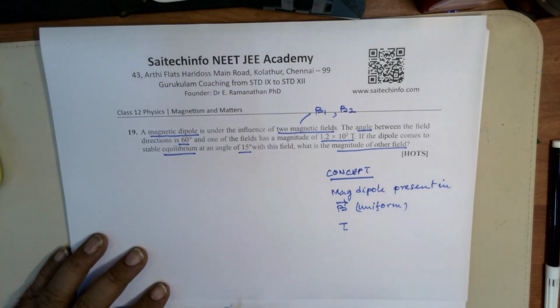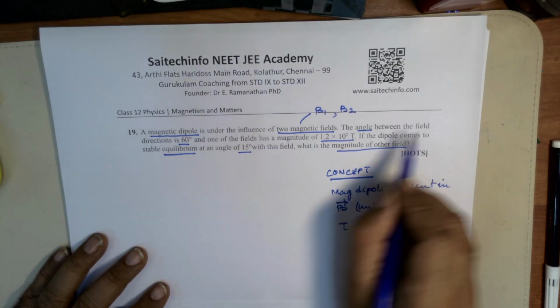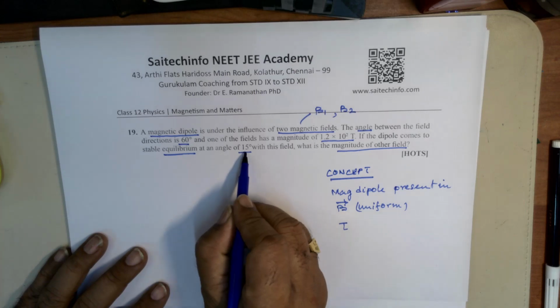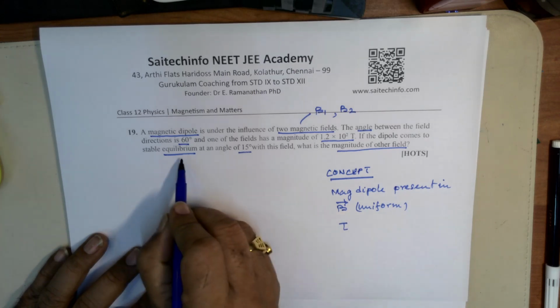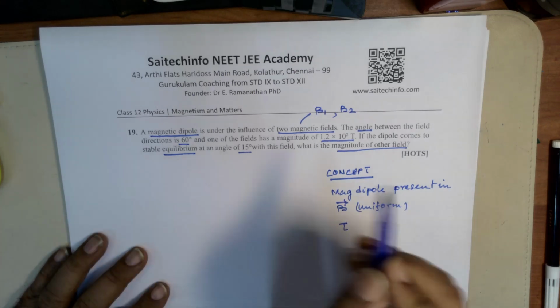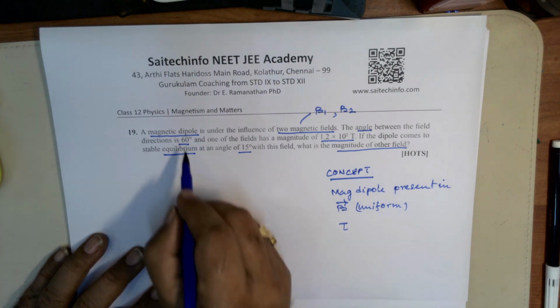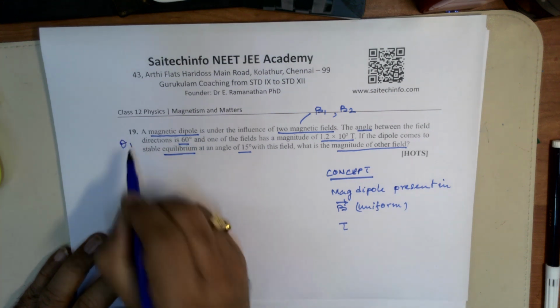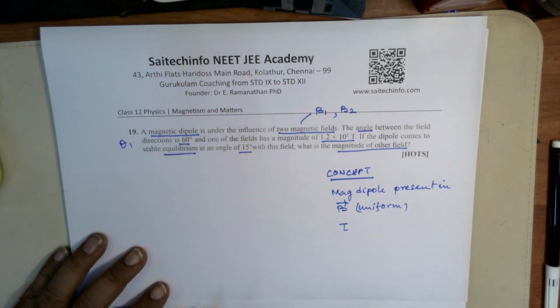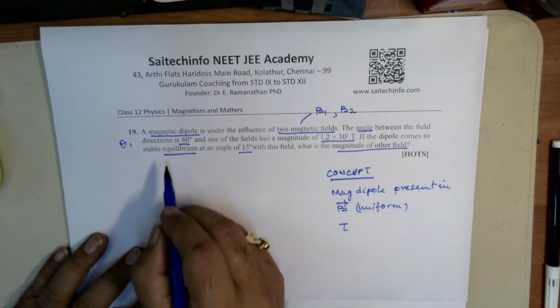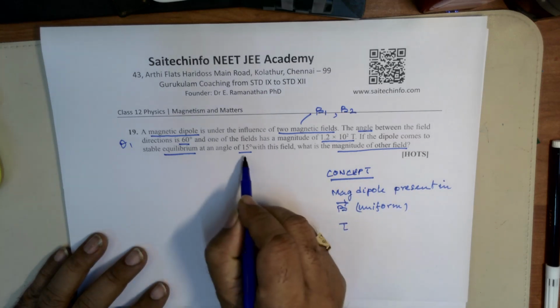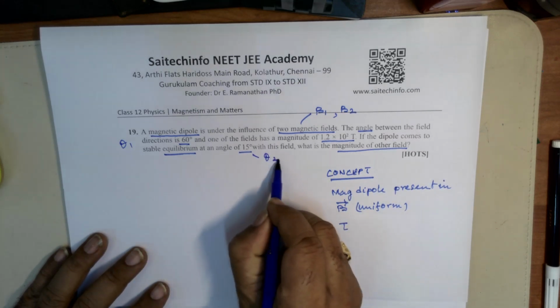The angle between the fields is 60 degrees, another at 15 degrees, it is in equilibrium. So it deals with two different angles. One is theta 1, the other one is theta 2.